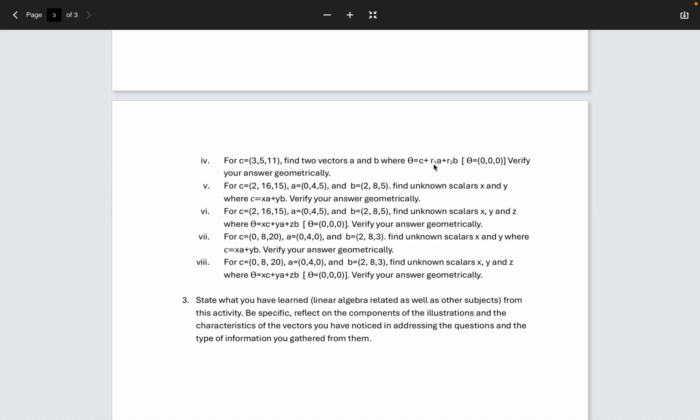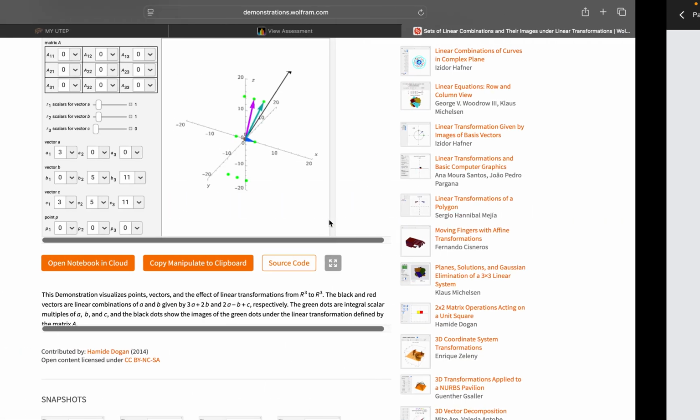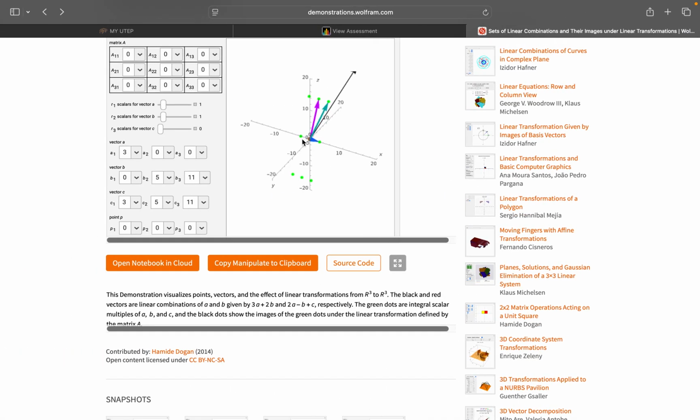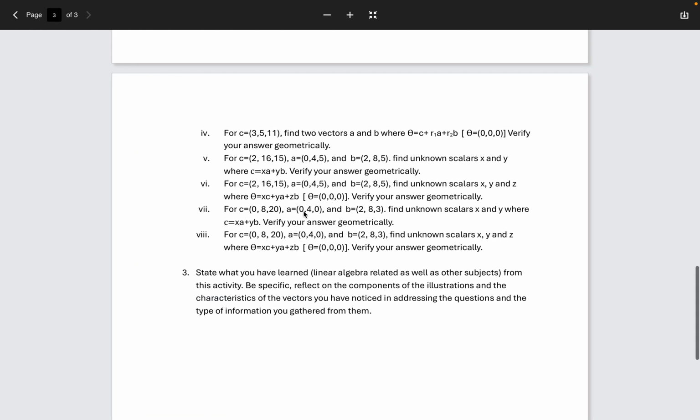So for C, our R1 and R2 would have to be negative. That way when we add them, C would be the negative of C, and we would end up with 0. So we can see that this one would be negative, and then our B value would be this one. That way these two vectors would cancel out the C vector. 2, 16, 15.